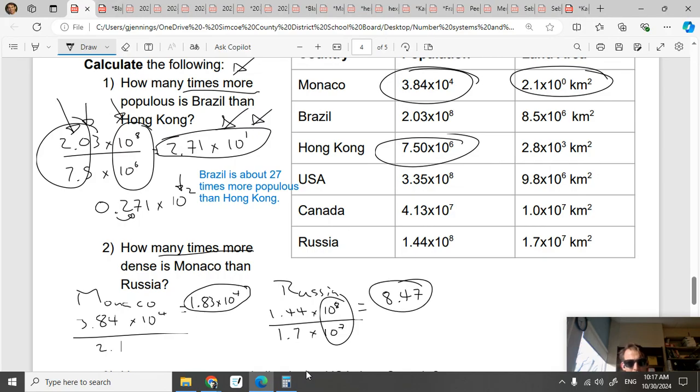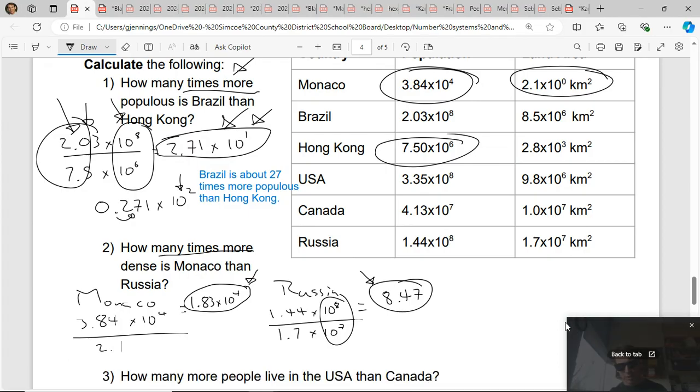Now, we got to take this number and divide it by that number to find out how many more times populous that one is. So that's going to be equal to 1.83 times 10 to the 4 divided by 8.47.